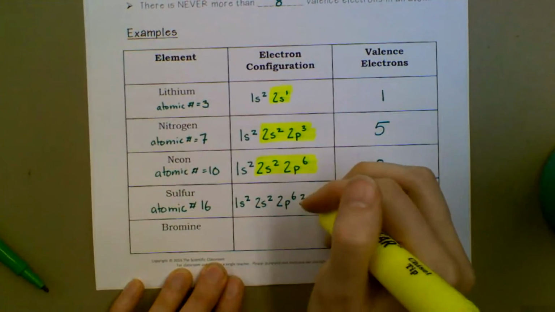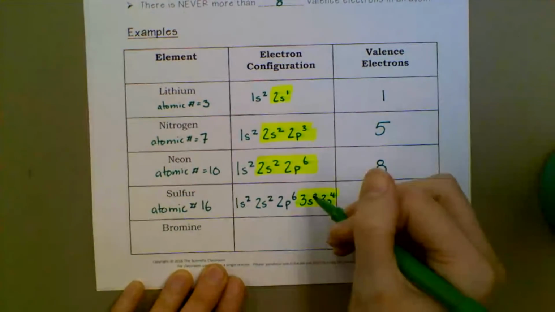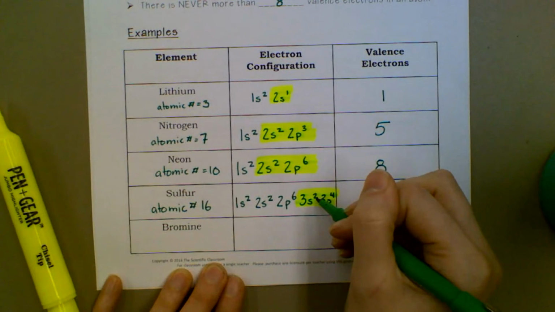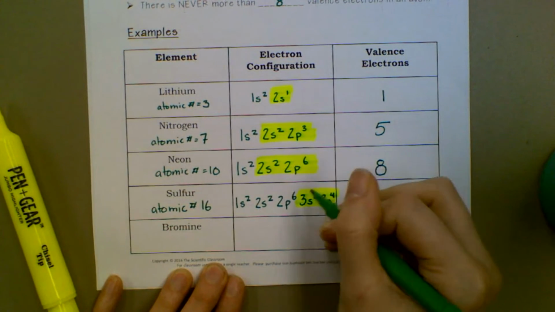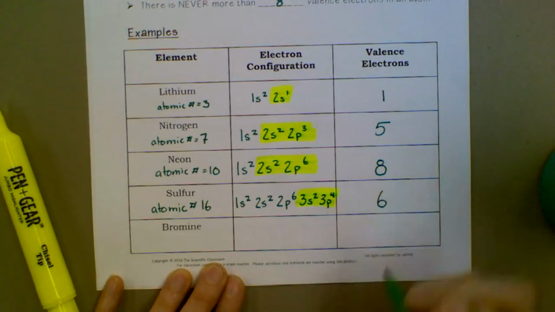We're going to look at our outermost layer, our outermost level. We have 2 in 3s, 4 in 3p. We're going to total 6 electrons in our third level. Those are our valence electrons.